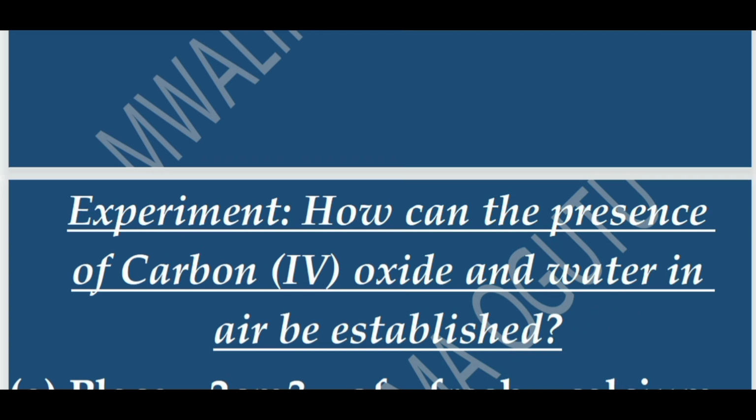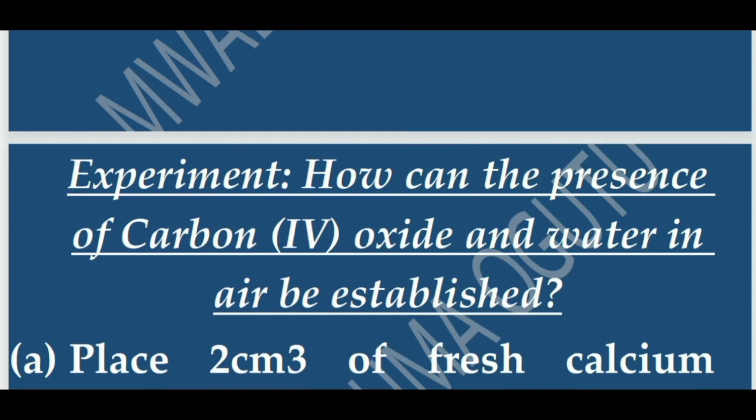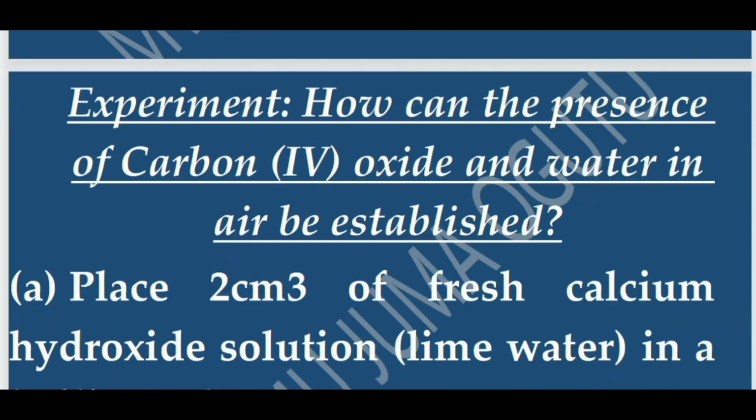How can the presence of carbon dioxide and water in air be established? We want to see how we can establish the presence of carbon dioxide and water in air. We start with how to establish the presence of carbon dioxide.